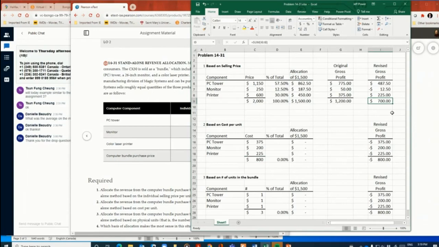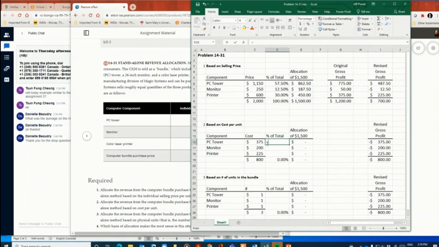So the company makes $700 instead of $1,200 on every bundle. But we're hoping that we're going to sell a lot more bundles, and therefore we're going to do fine, is the idea. But if we split the revenue between the three divisions based on the relative cost of each item instead of the relative revenue of each item, what do we get?